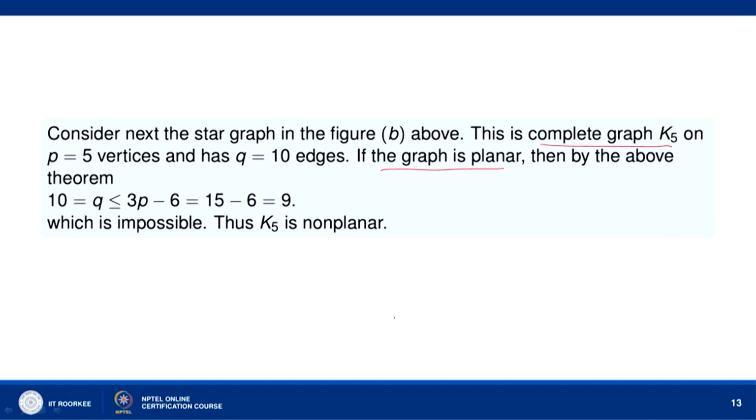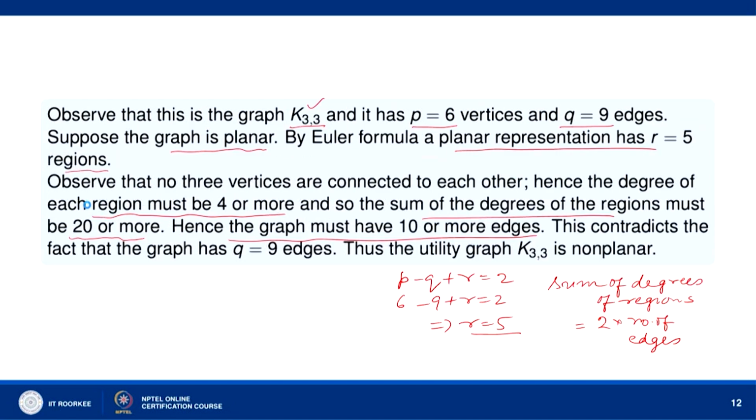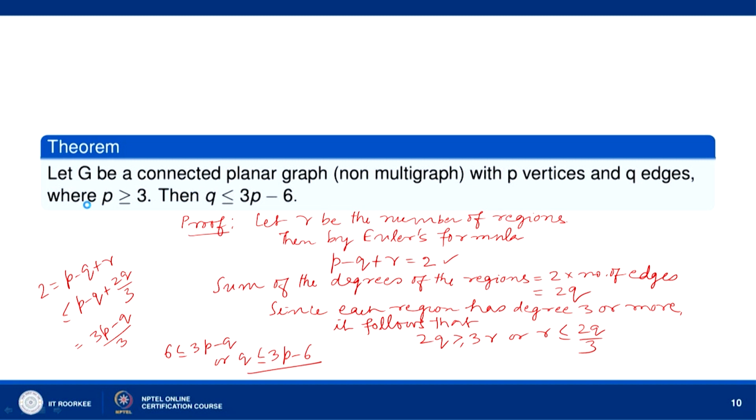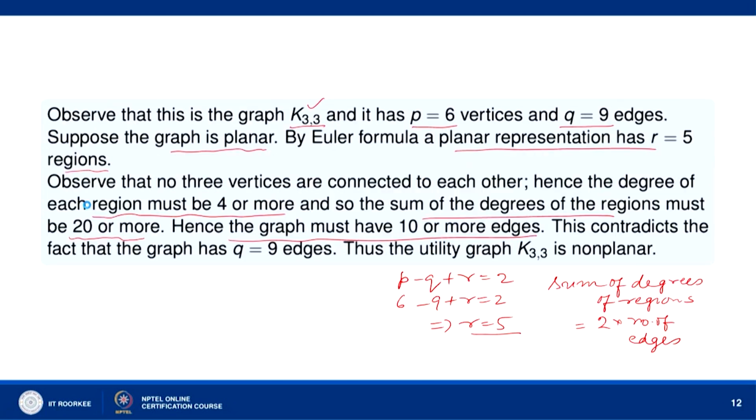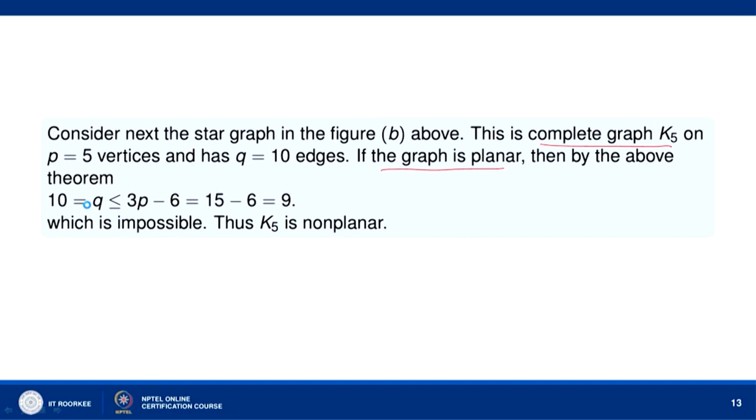Suppose the graph is planar. Then let us apply the theorem which we have just now proved: if the graph is planar with p vertices and q edges, where p is greater than or equal to 3, then q is less than or equal to 3p minus 6. Here we have p equal to 5, so the condition p greater than or equal to 3 is satisfied.